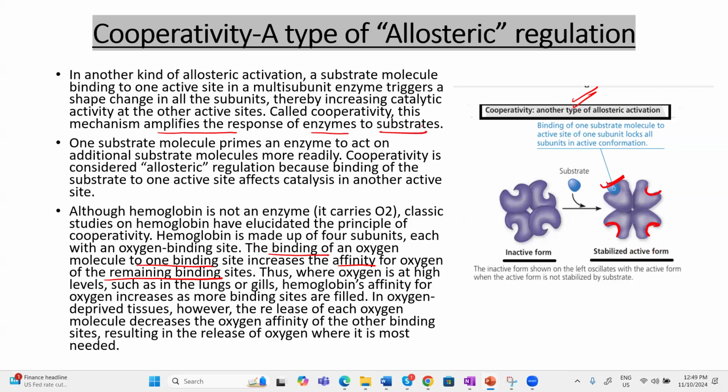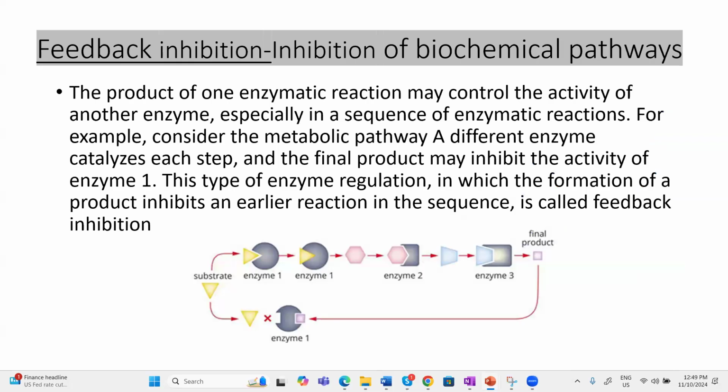Clear, beta? Next, feedback inhibition. Suppose there is a biochemical pathway in which the product of one step works as the substrate for another, and it goes on, catalyzed by multiple steps, and at each step enzymes are there. What will happen? The product will stop the synthesis because it is in excess. Suppose the product is in excess, then what will happen?